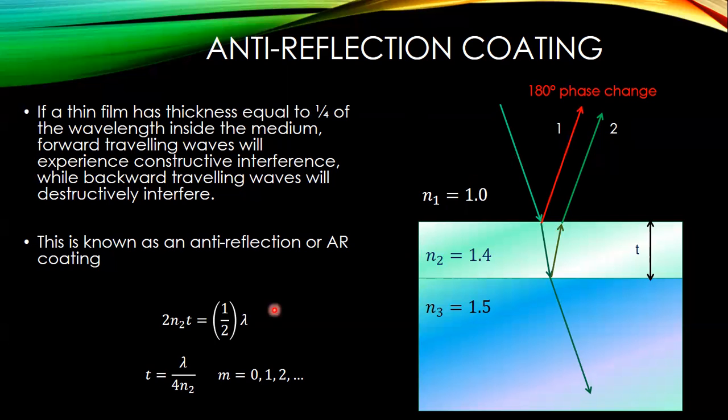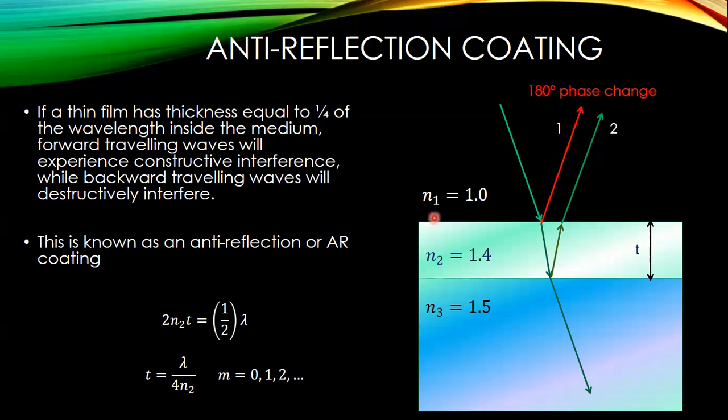Now, the condition for this, since we've gone 180-degree phase change, another 180 degrees phase change, is that the thickness of this coating is going to be equal to the wavelength of light in air divided by N2, which is the index of refraction of the coating, divided by 4.